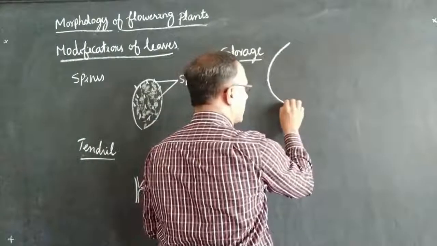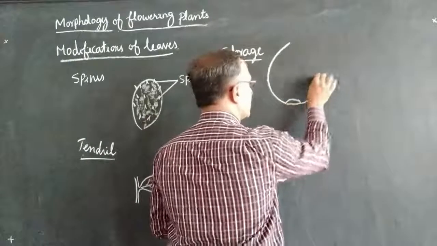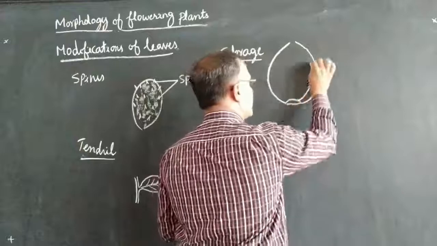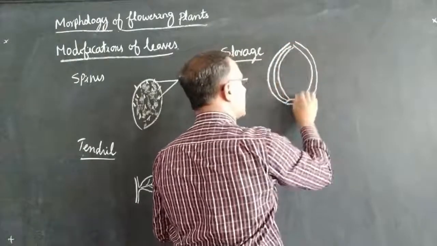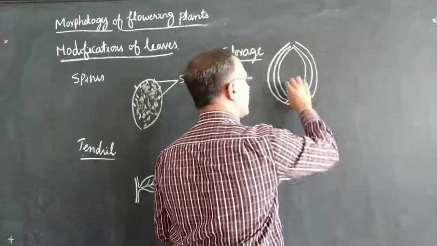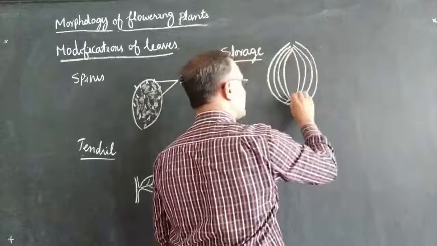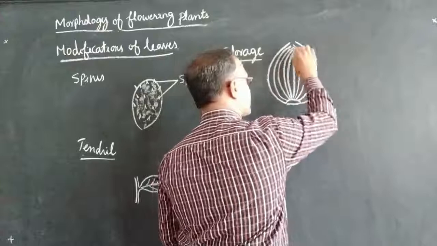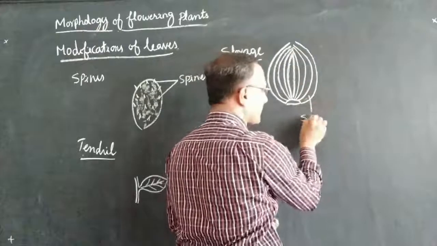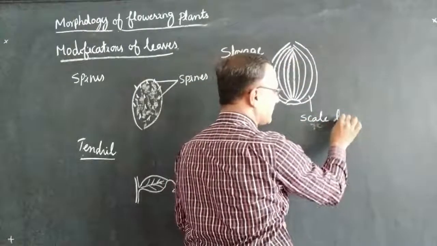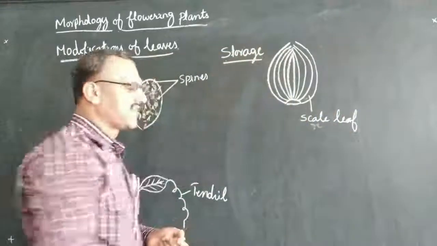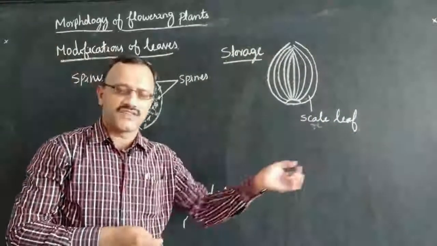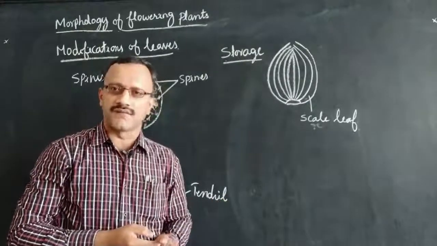As we know, in an onion bulb, a number of fleshy leaves are found, so they are called scale leaf or scaly leaves. Each of these scale leaves is meant for storage of the reserve food material, which forms an onion bulb.